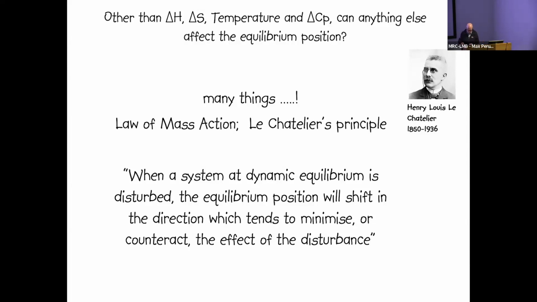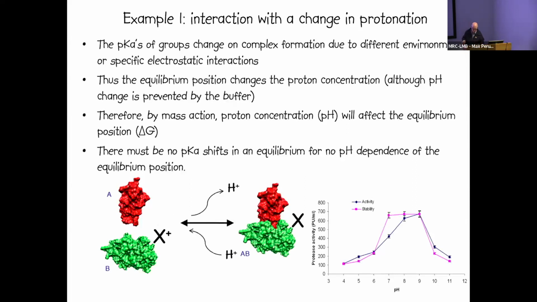So that's all sort of wordy, but here's a simple example of mass action in action. If we think about these two proteins interacting here, the pKa's of ionizable groups will change on complex formation due to a different environment, or they may be involved in specific electrostatic interactions.